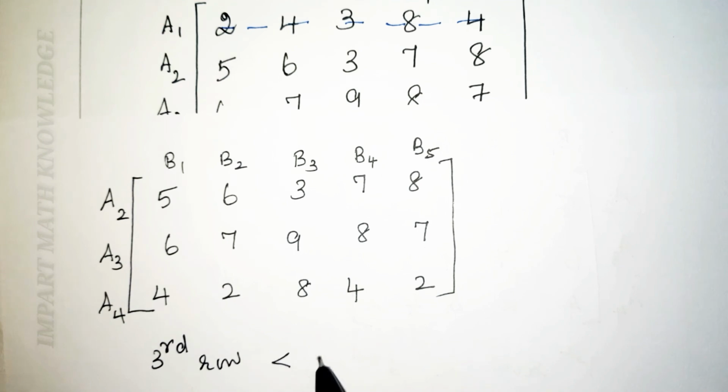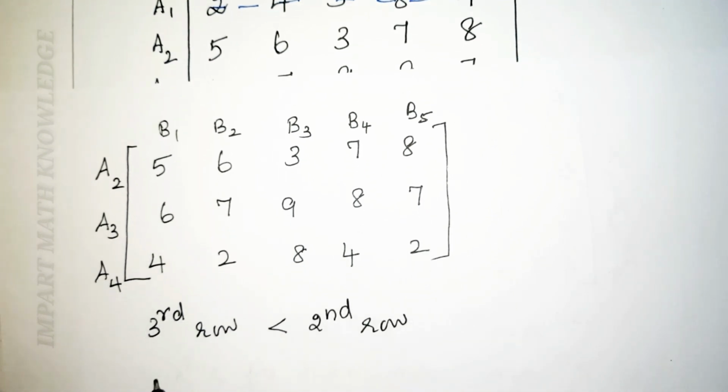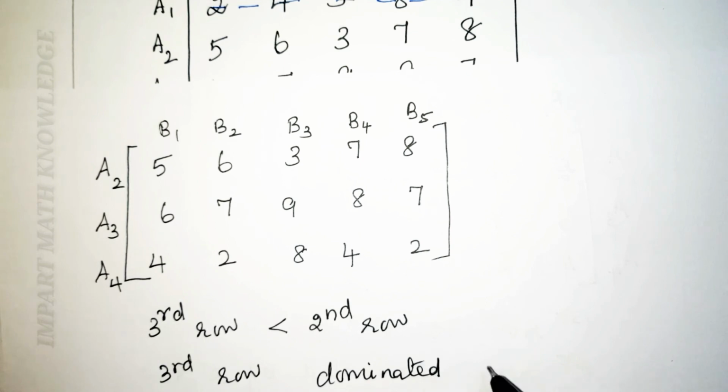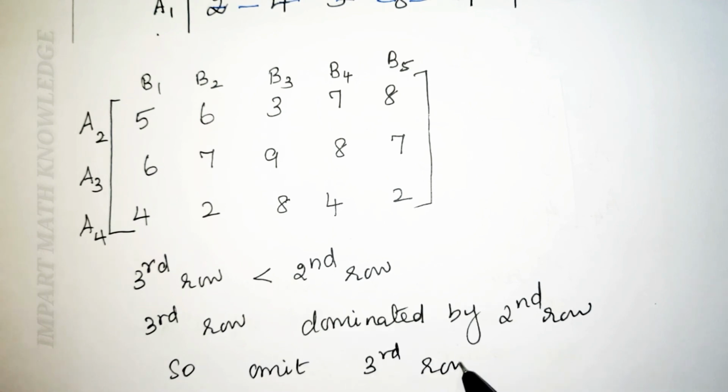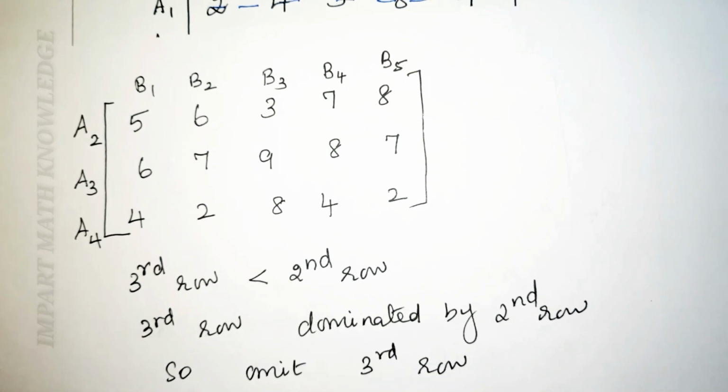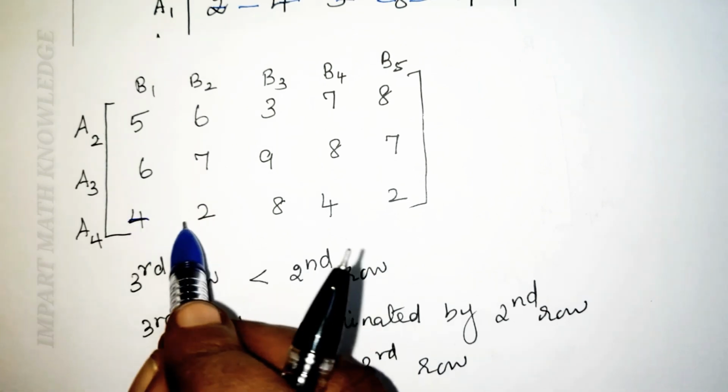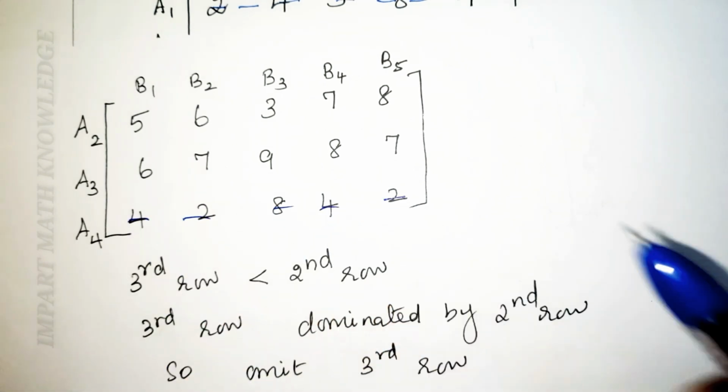Third row is dominated by the second row. So omit the third row.